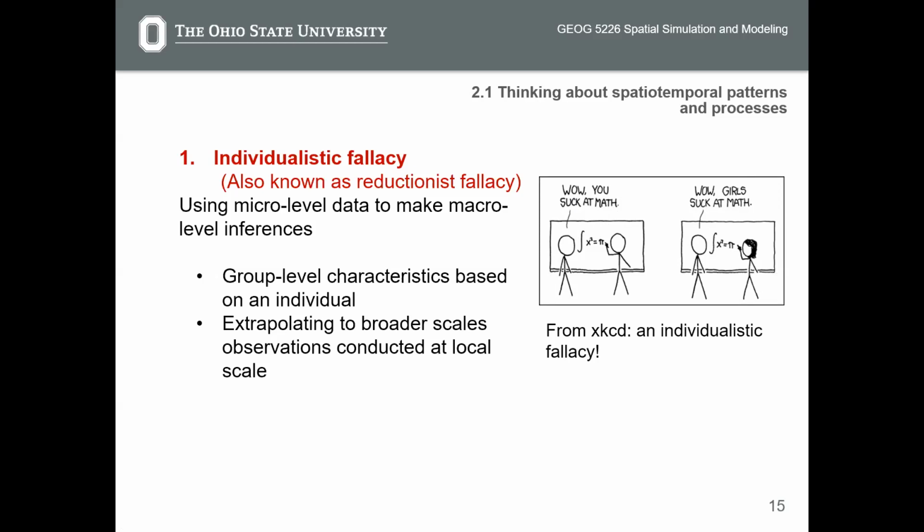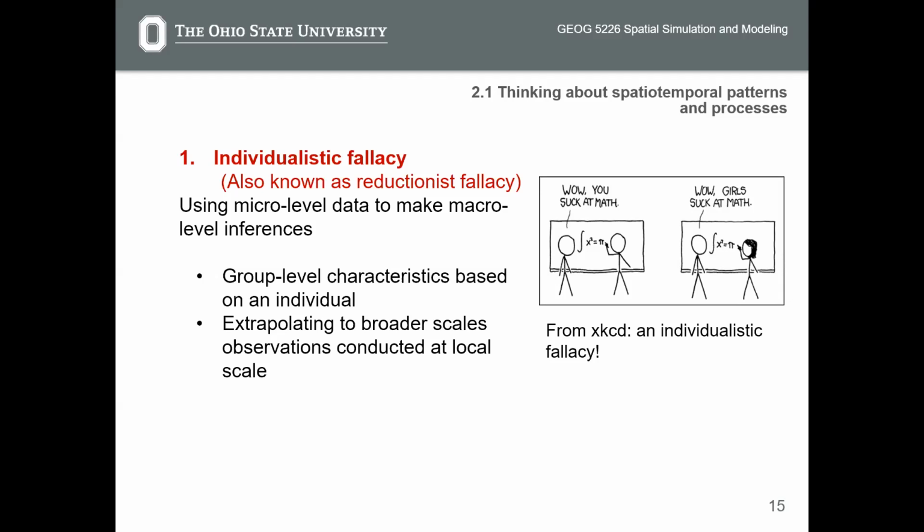But you cannot say that since this girl is not good at math, then girls all suck at math. This is a key error here. You cannot draw conclusions on individuals and just simply move this conclusion to the whole group, the whole population. This is a very typical individualistic fallacy.